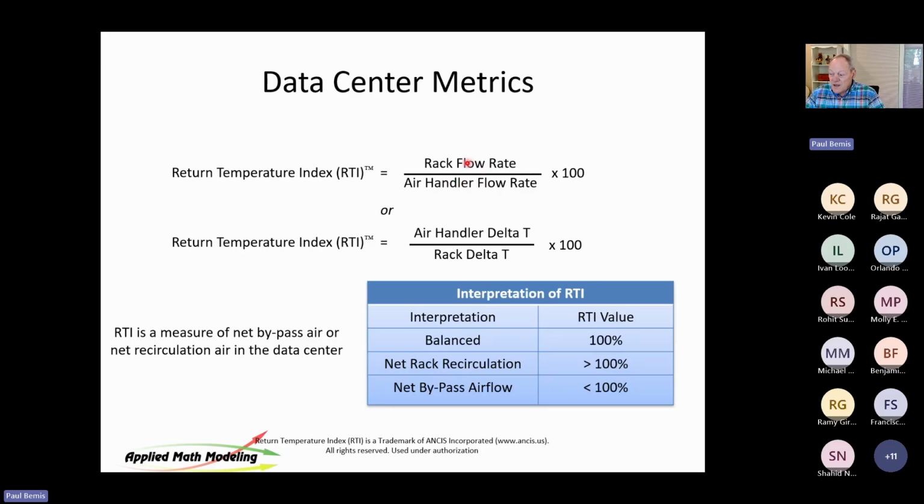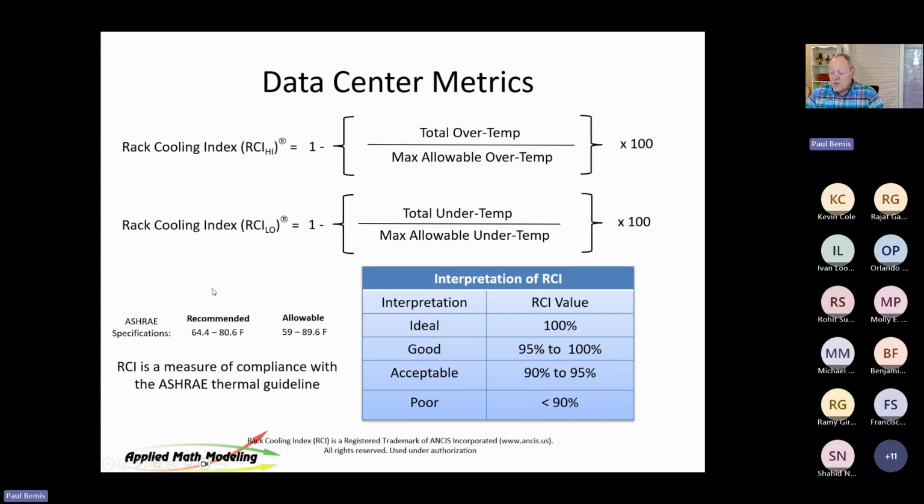In other words, RTI should always be less than 100. And if it's greater than 100, you've got recirculation, as I just described. If it's less than 100, you've got bypass. But this provides you a little bit of room for things like N+1 or other asymmetries that may happen in that system, okay? So now the next metric is RCI.